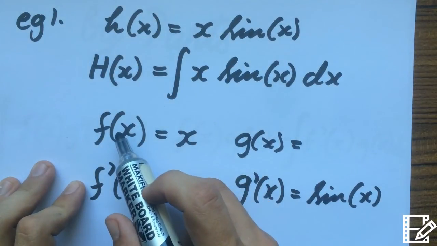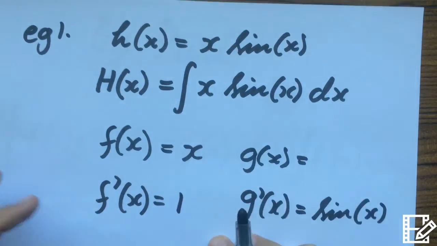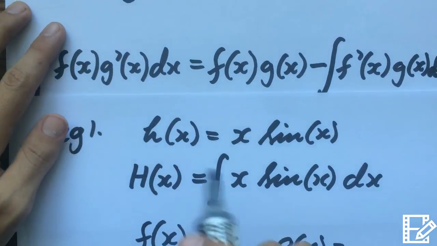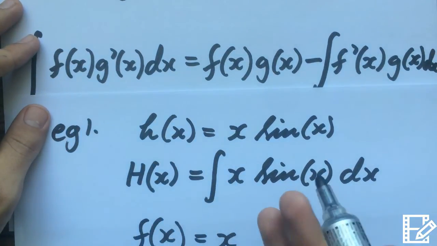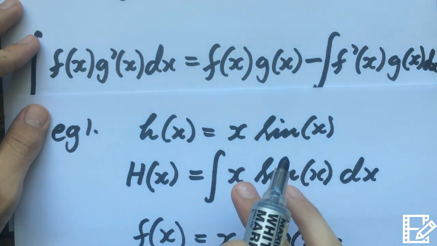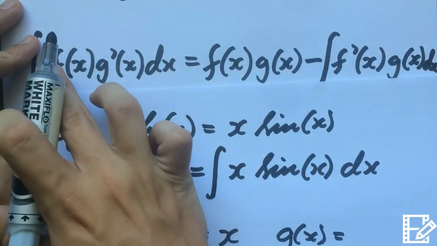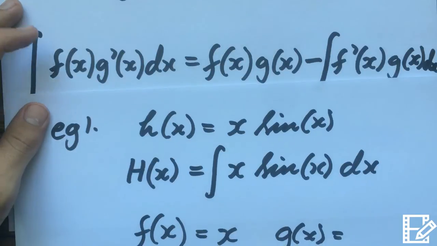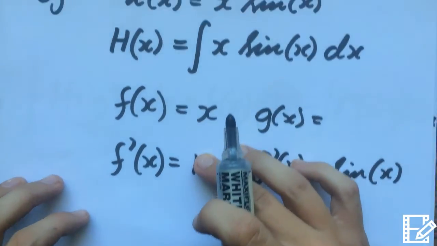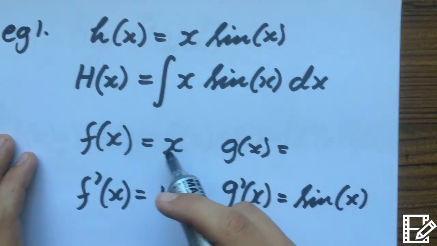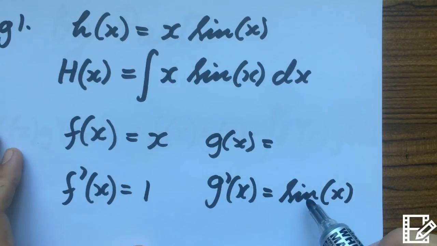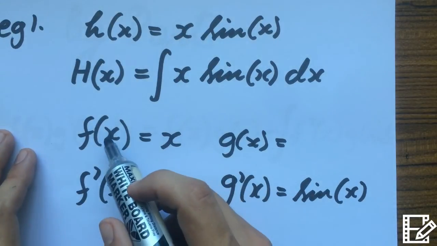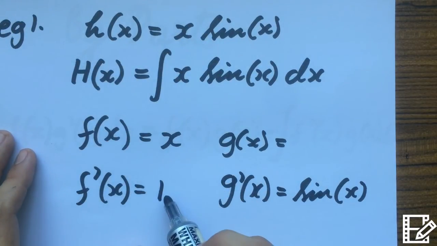That's why I didn't choose f(x) to be sine x, because these can be rearranged to suit how you want it to look. Sine x could have been f(x) and x could have been g'(x), but I chose x to be f(x) and sine x to be g'(x) for this reason, because if we derive x we get 1.